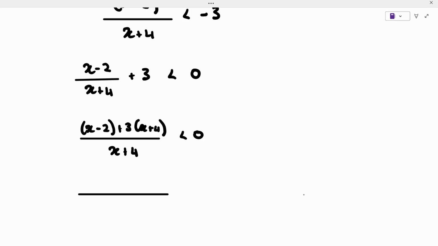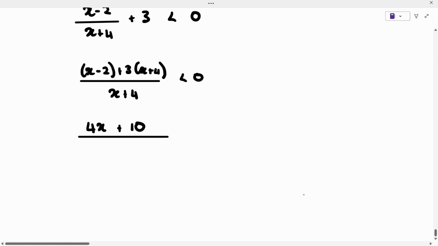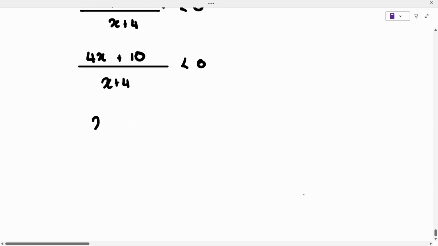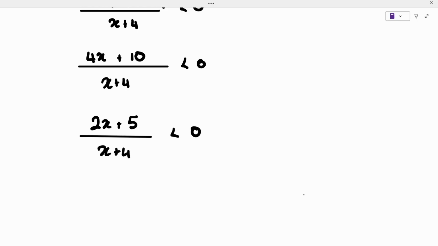We're going to get x plus 3x is 4x, minus 2 plus 12 is plus 10, over x plus 4 is less than 0. If we want, we could divide throughout by 2. So we're left with 2x plus 5 over x plus 4 less than 0. There's no change in sign.